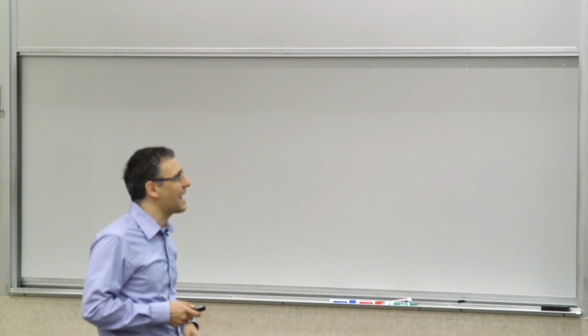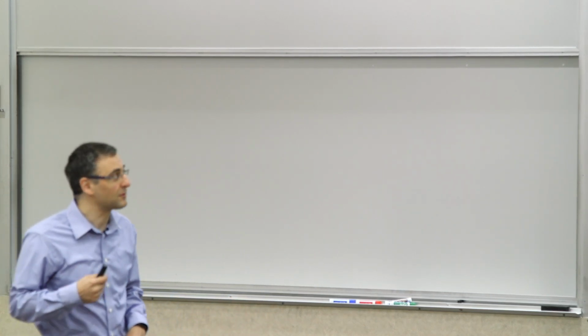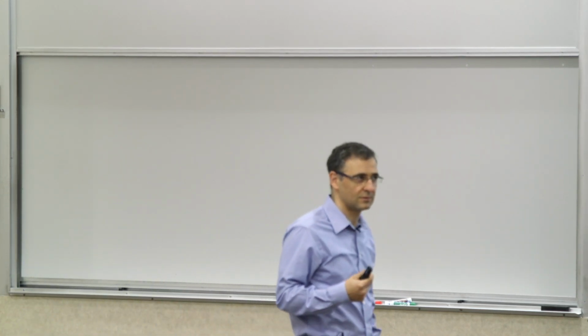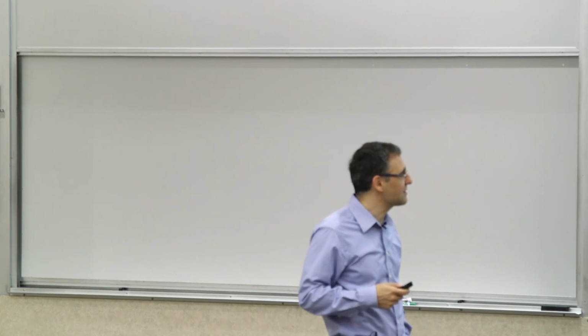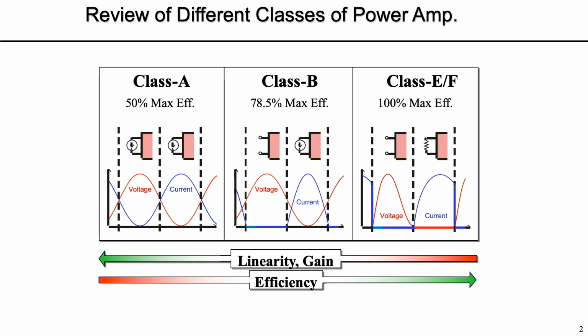So the idea here is that if you want the minimum amount of loss in the active device, in the transistor, you want waveforms that look more like the waveforms on the right. Meaning that your voltage is non-zero when the current is zero, and the current is non-zero when the voltage is zero, right? In this way, the product of those two will be zero, at least theoretically, if you can make these ideal waveforms.